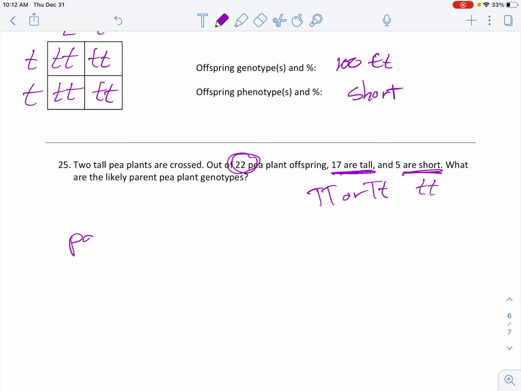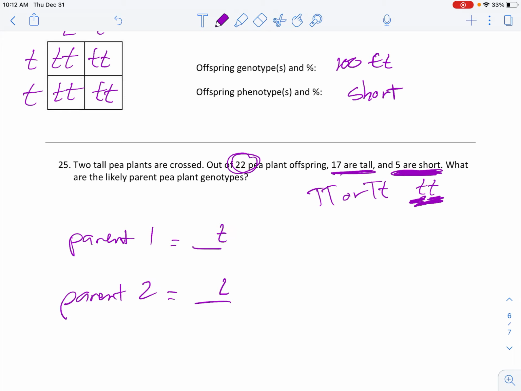So parent 1 and parent 2, it wants to know what are the genotypes of the parents. Well, if you have any short offspring at all, you have little t. That means that each parent had to provide a little t to the offspring.